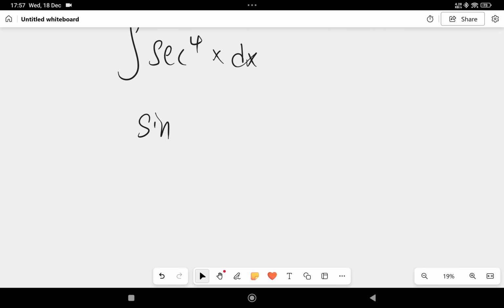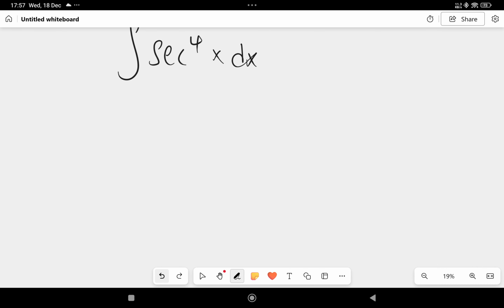If we take the derivative of sine, we get cos. If we take the derivative of cos, we get negative sine. If we keep going infinitely, we just keep getting sine and cos. So we can conclude that sine is the friend of cos.